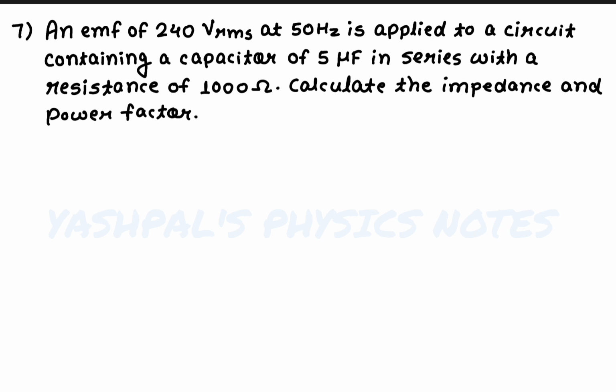Calculate the impedance and power factor. So from the question you can understand that our circuit is a CR circuit. Okay, so that's why it is important to first clearly read the question, so we can get the idea what is going to be asked in the question.